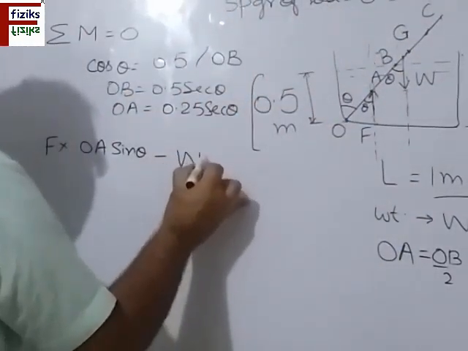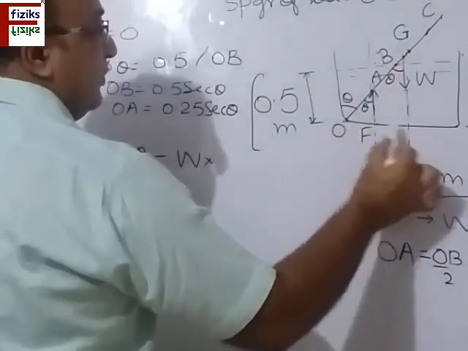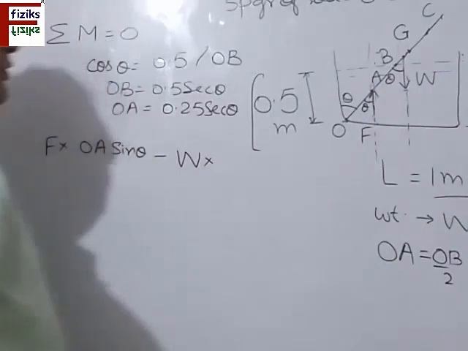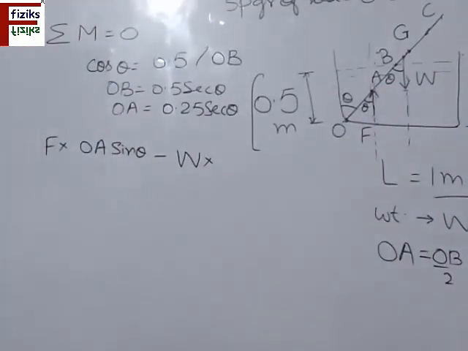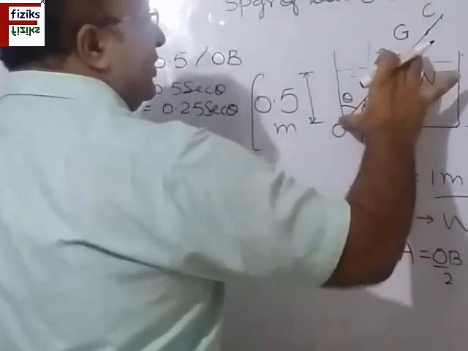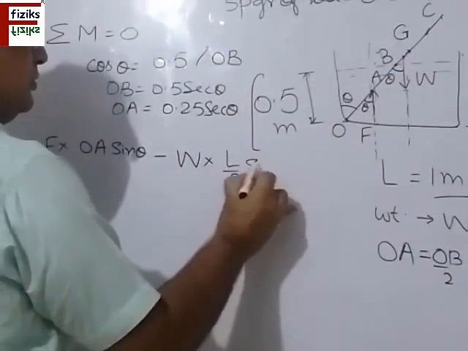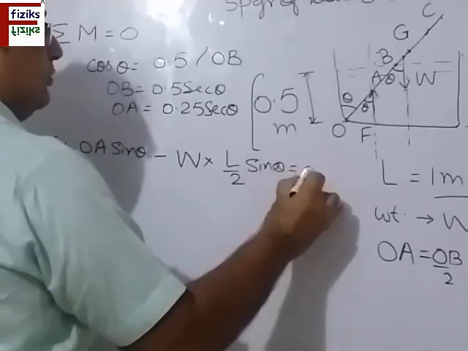Minus W into distance of this line of action from this point. So again you can write the value for this distance, and this is equal to L by 2 sin theta. L is the total length of this. Half of this is L by 2, must be equal to 0.